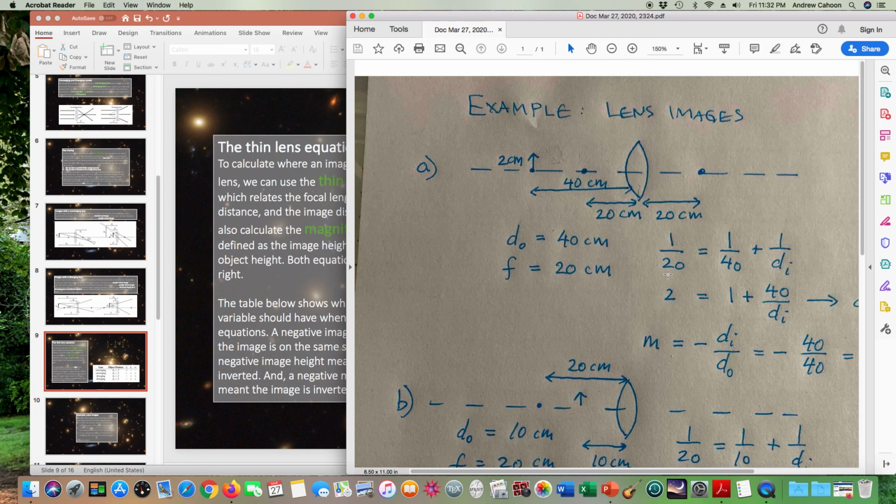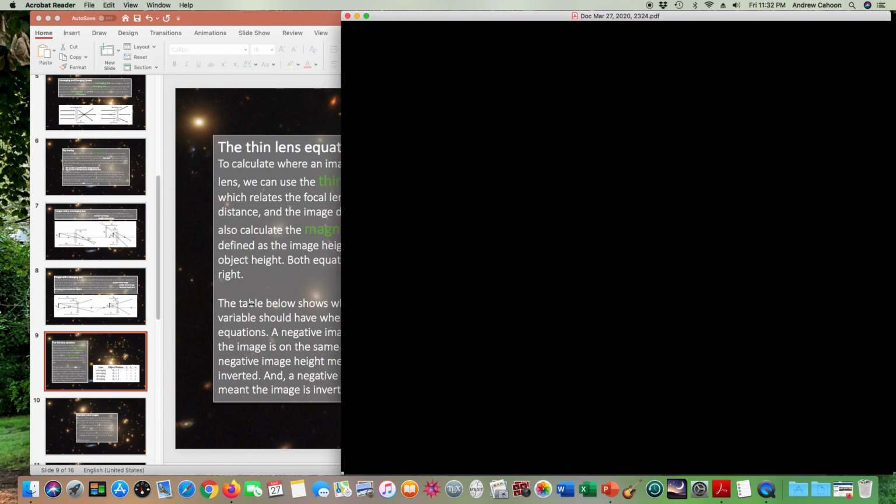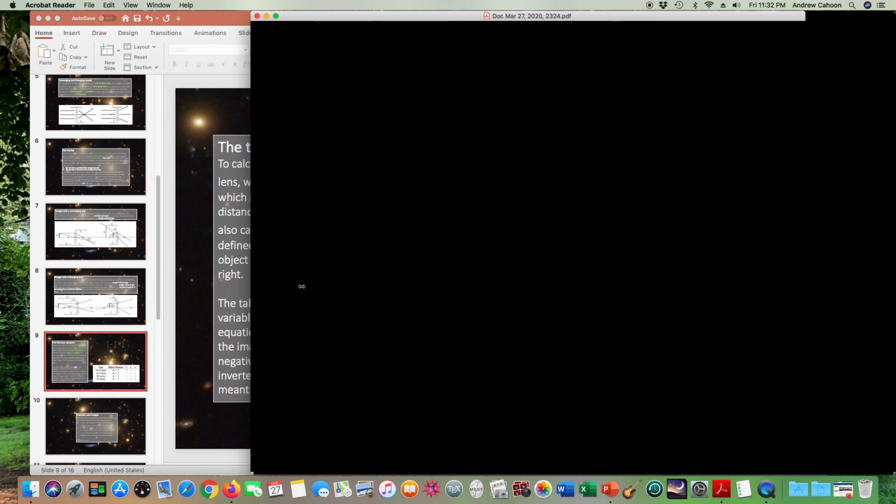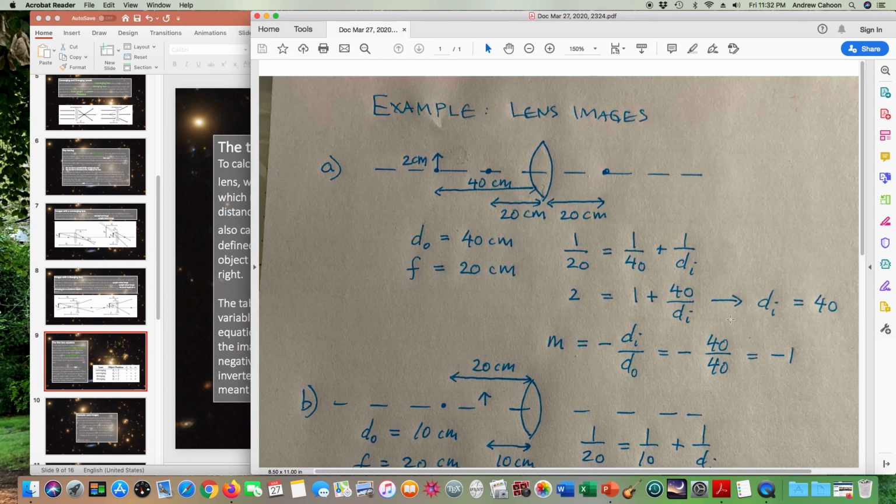So 40 over 20 is 2, 40 over 40 is 1, and 40 over d_i I can leave as 40 over d_i. You can solve for d_i, and you get d_i is 40. So if I put the object 40 centimeters away, the image distance will also be 40 centimeters.